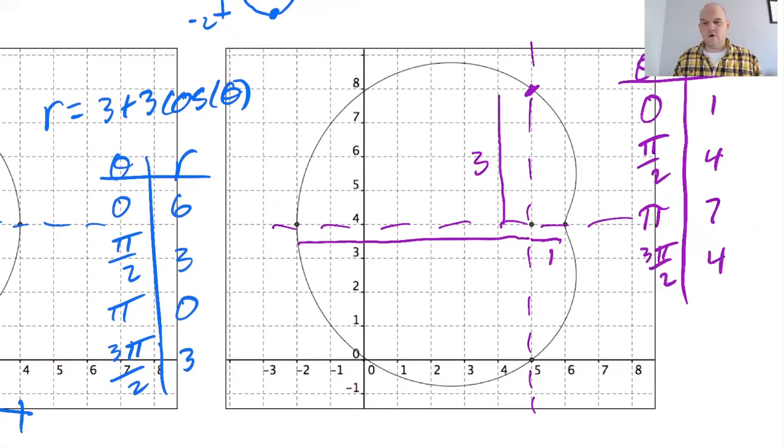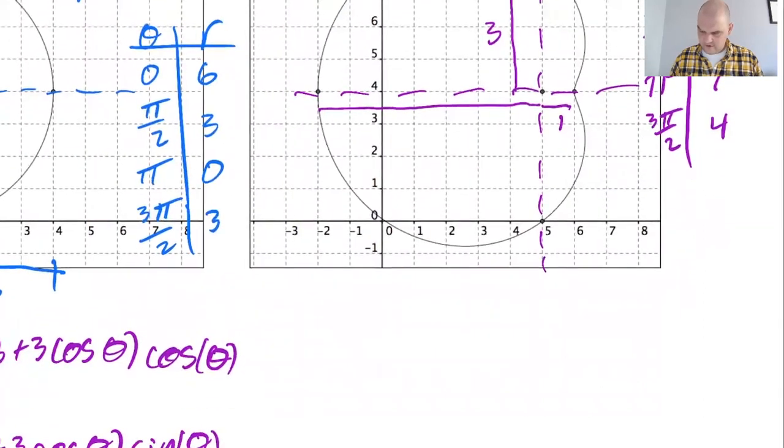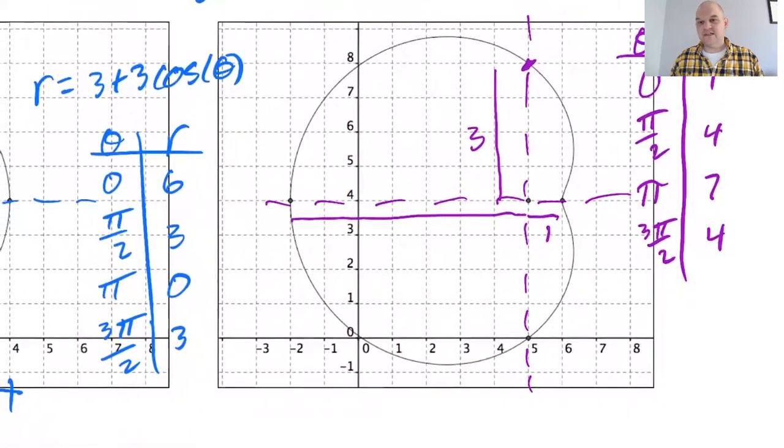Okay, so what rectangular curve would go through these values? So you're at 1, and then you go up 3 to get to 4, and then from 4 you go up 3 to get to 7. So 4 is the middle number, so I think you're going to be at 4 minus 3 cosine theta.